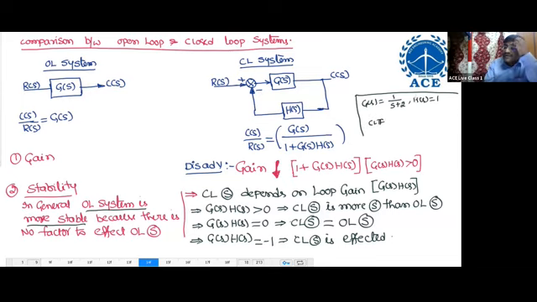The closed loop transfer function is 1 by s plus 3. Here the pole is minus 2, and in the closed loop it is minus 3. Compared to minus 2, the pole has shifted to the left, which means more relative stability.